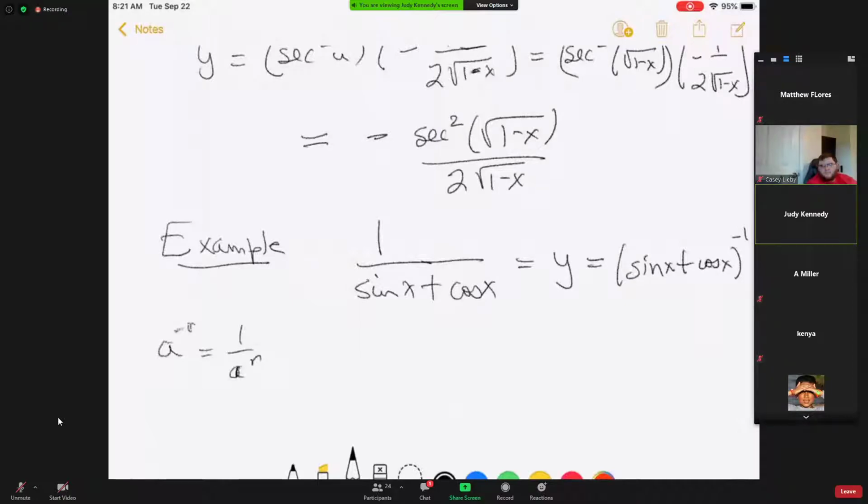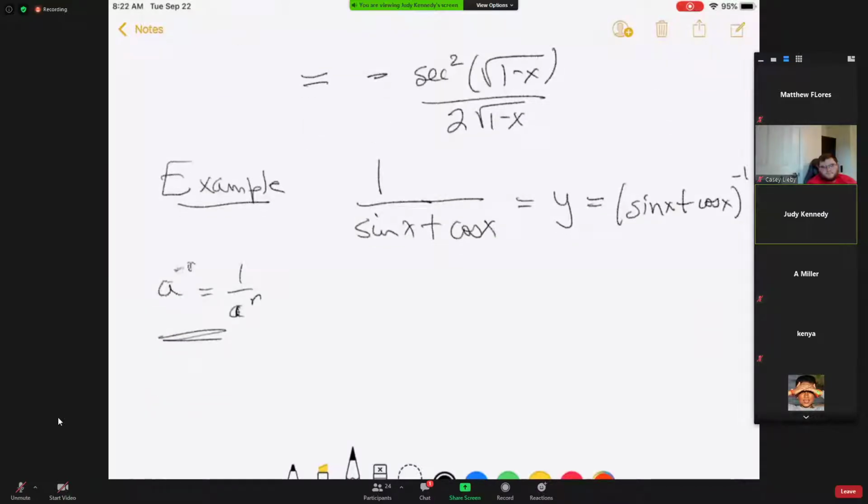Oh, by the way, I posted a list of the algebra rules on Blackboard. So if you want a handy list of all these algebra rules, it's there for you. Anything you do algebraically is more or less contained in that list.